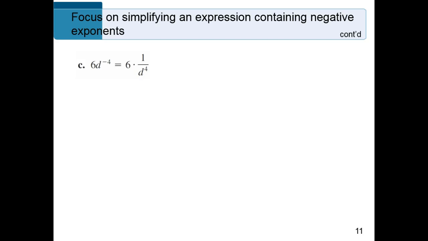And once they got 1 over d to the 4th, then they can write that as 6 over d to the 4th. So that's one way to do it. We did it slightly differently, but it still worked. Still came up with the same answer. Any questions on that? All right, good deal. So that was the example, bottom of Module 10, page 14, with the solutions at the top of page 15.